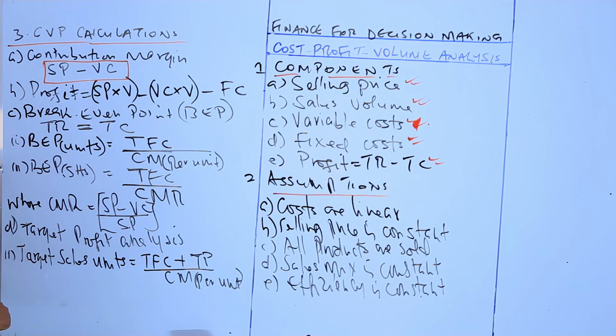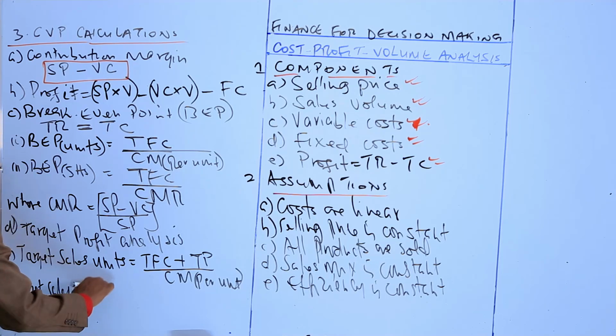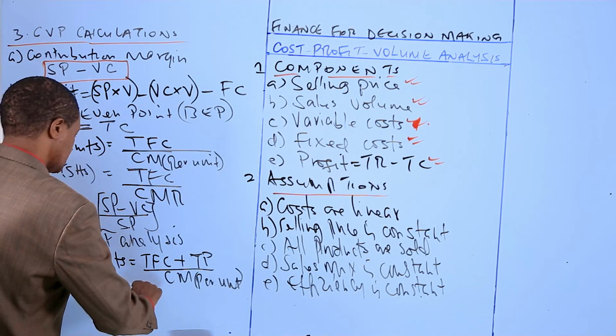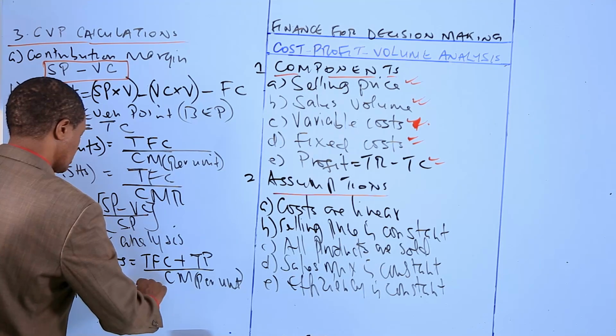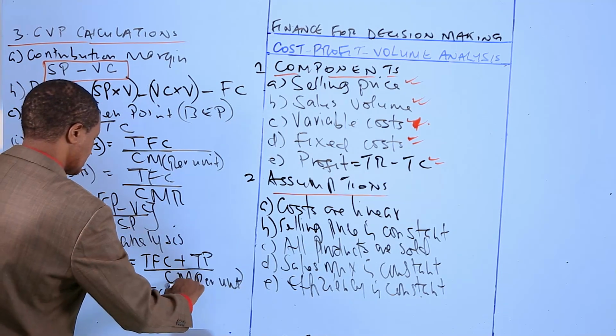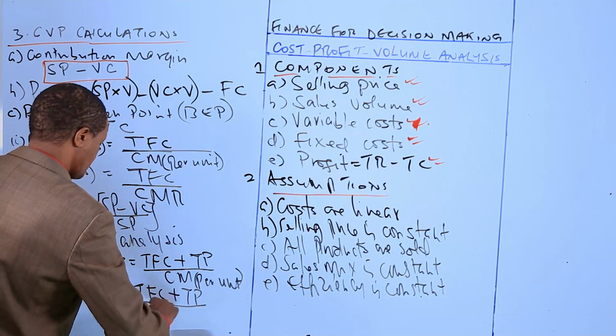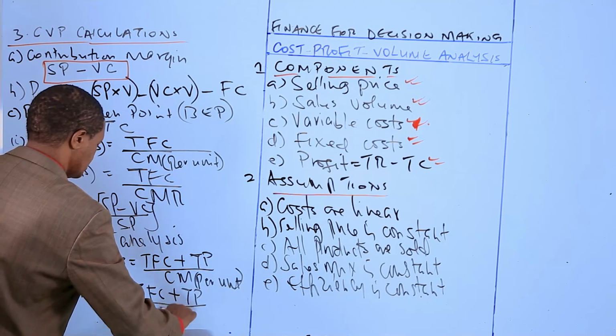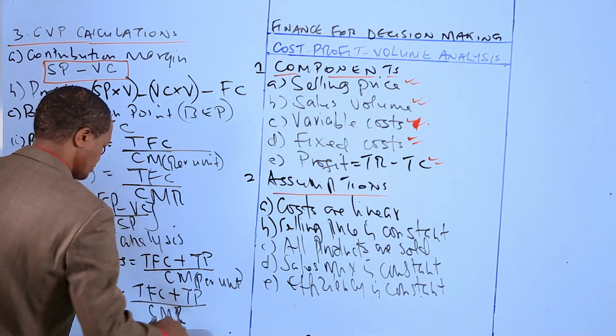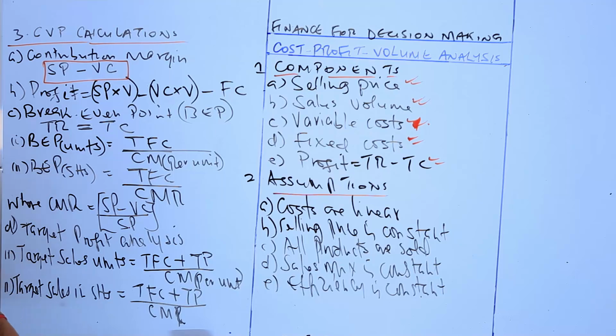Target profit sales can also be determined in shillings. Number 2, target sales in shillings will be equal to the total fixed cost plus the target profit divided by the contribution margin ratio.